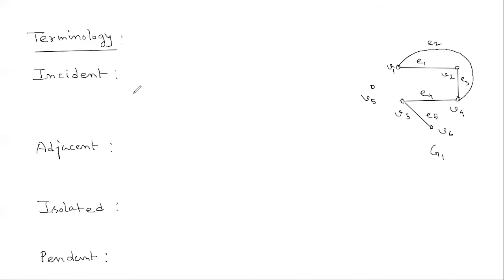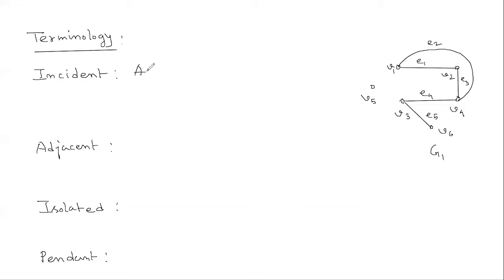Next, the terminologies. We use the term incident whenever an edge is incident with the vertices. That means we say E1 is incident with V1 and V2. So an edge is incident with the vertices it joins.